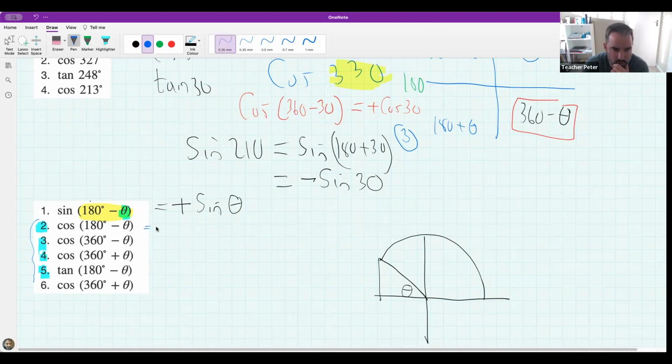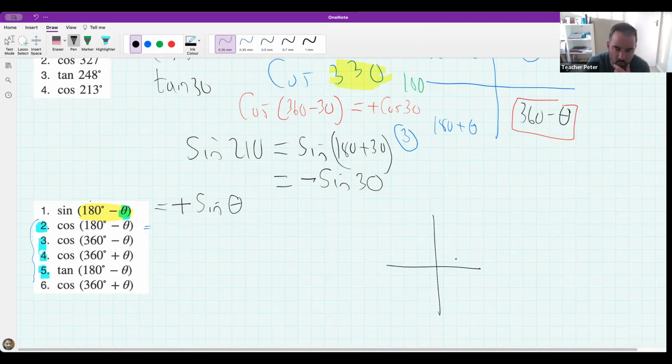So quadrant 2, let's have a look. 180 minus theta must be in quadrant 2, and in quadrant 2, cos is negative, so this will be negative, but it must stay the same. So negative cos theta. This one over here is going to be plus cos theta for number 3.